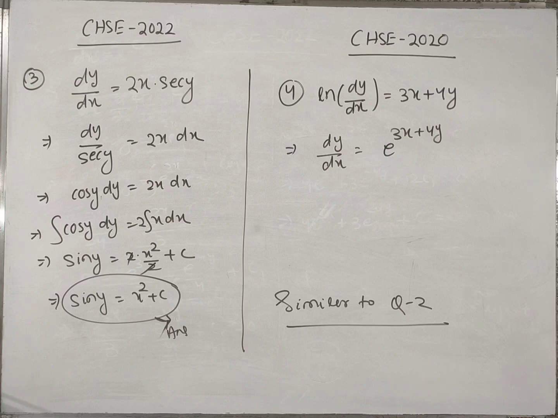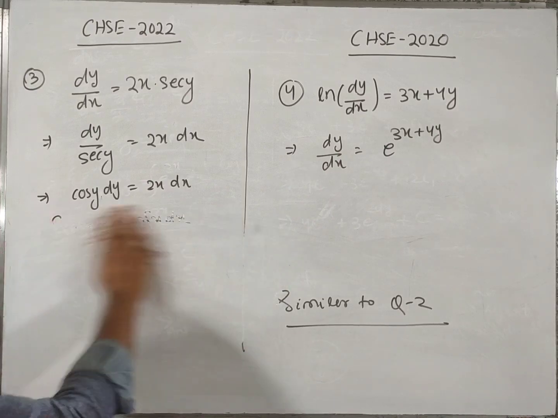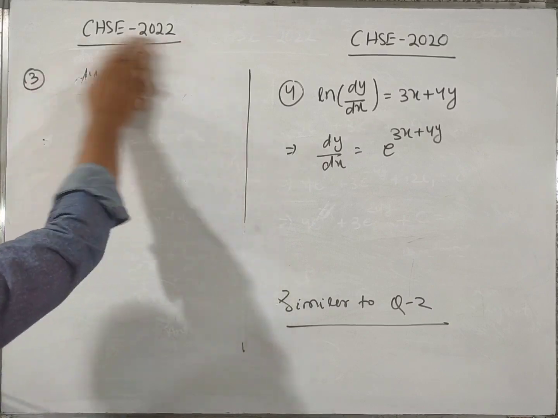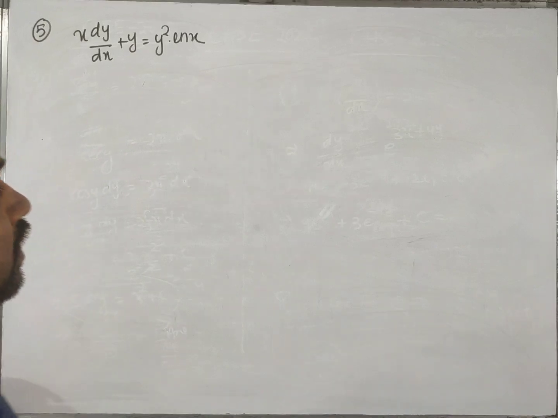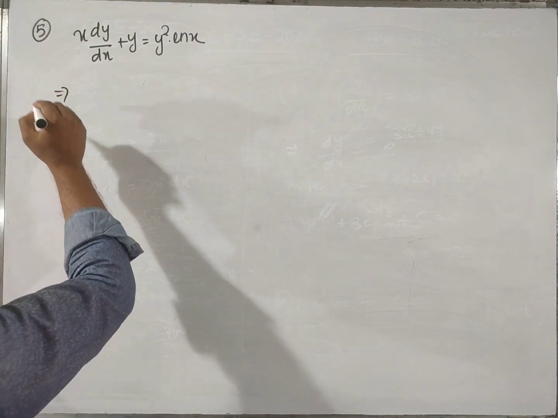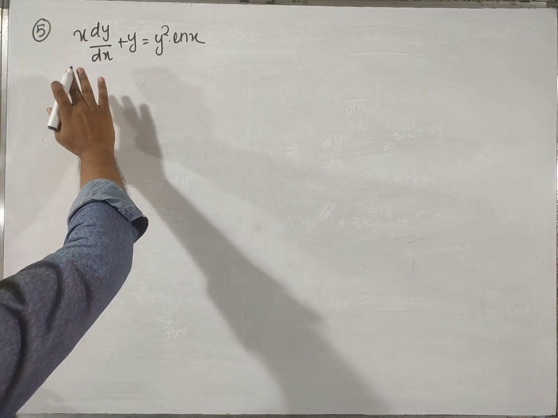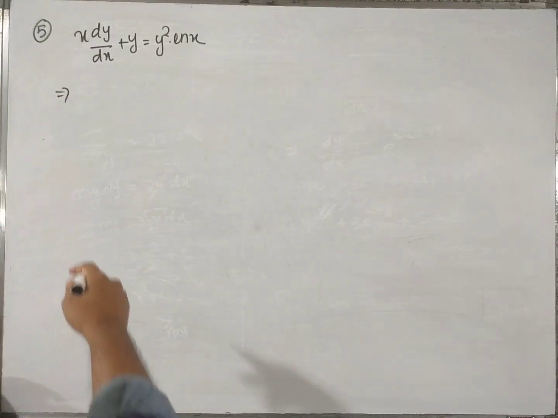Then moving to question number 5. It is a Bernoulli's equation. So let us solve it. First of all, we have to convert it into the form of the Bernoulli's equation.